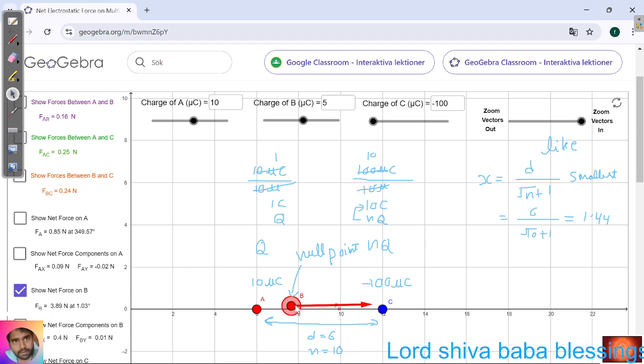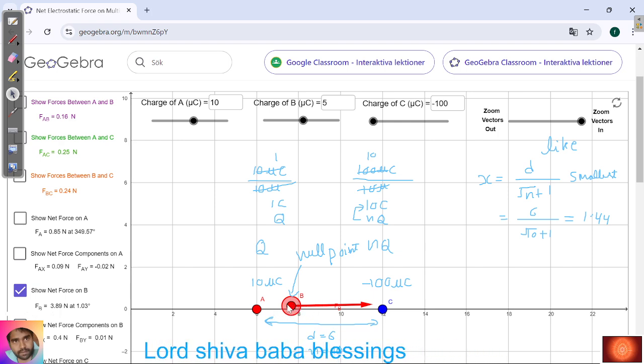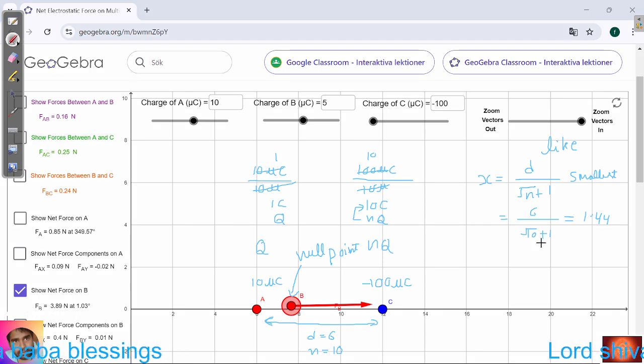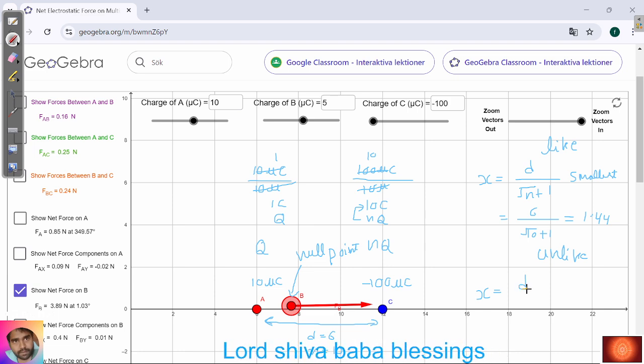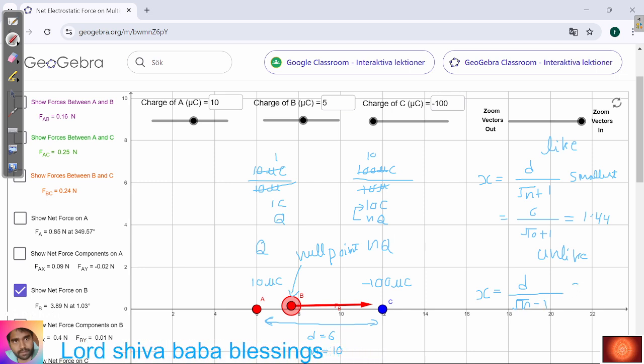It will exist outside the line joining the 2 point charges, nearest to the smallest point charge, at a distance of x is equal to d divided by square root of n minus 1 from the smallest charge.